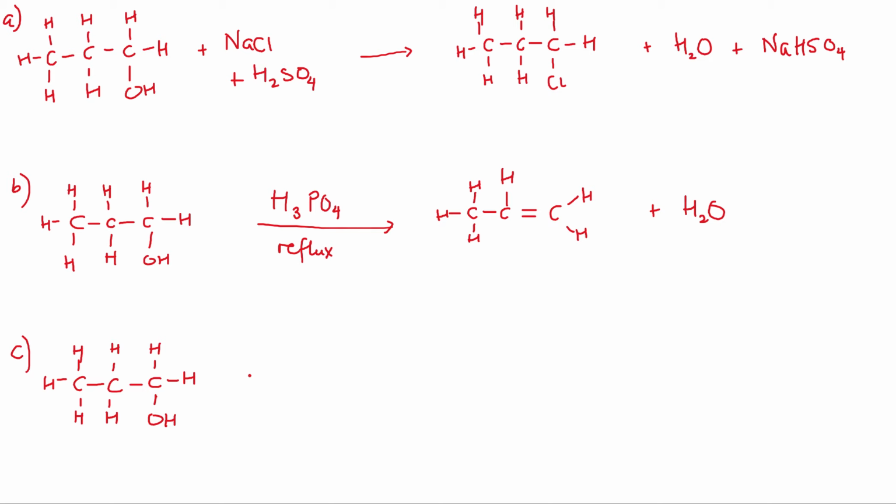So for the balanced equation here, we react with an oxidizing agent, and we always write the oxidizing agent on the arrow. So it's potassium dichromate with sulfuric acid, and to get the carboxylic acid, we have to have this undergo reflux. So that's going to give us the corresponding carboxylic acid.